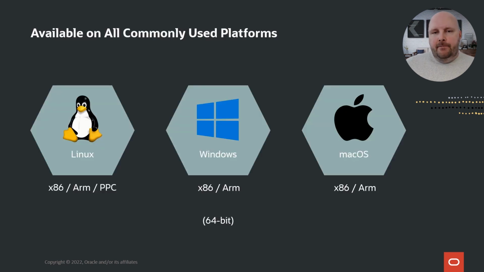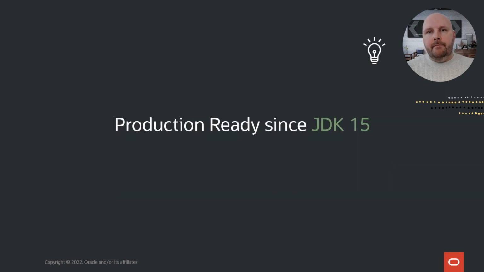ZGC is available on all common use platforms. That means Linux, Windows, macOS, on Intel x86 and on ARM. And on Linux, there's also support for PowerPC. ZGC initially came in as an experimental feature in JDK 11.